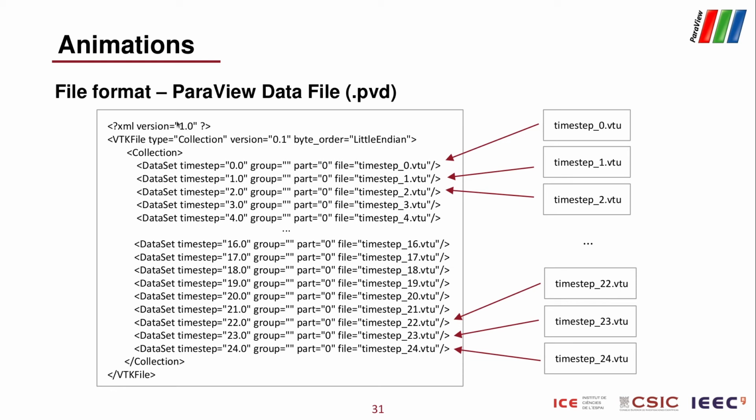And here we can see the header of the file, which is a collection of different VTU files, and this collection goes from time step 0 to time step 24, and their corresponding files are VTU files. So we will have in our folder 25 VTU files and one PVD file.